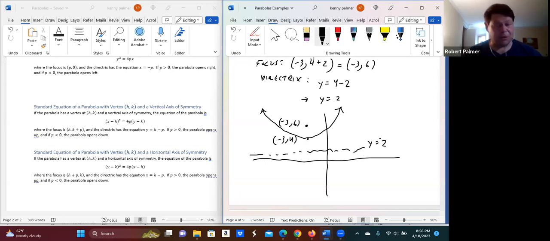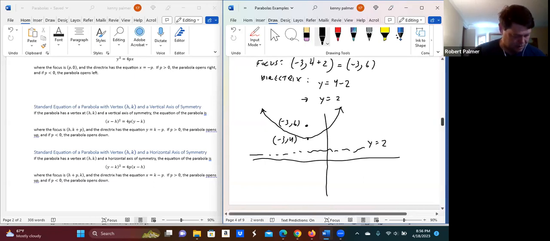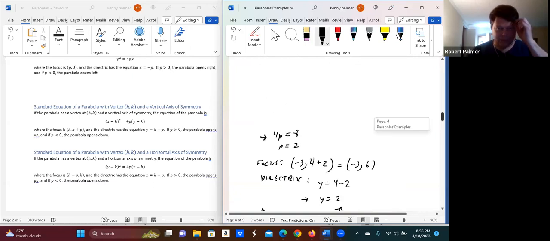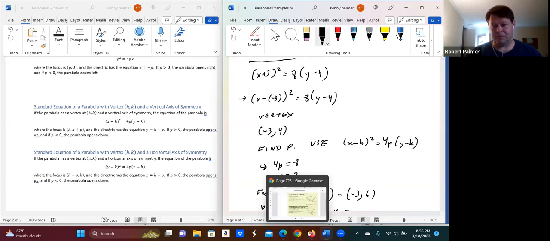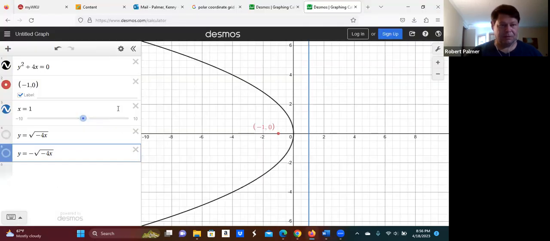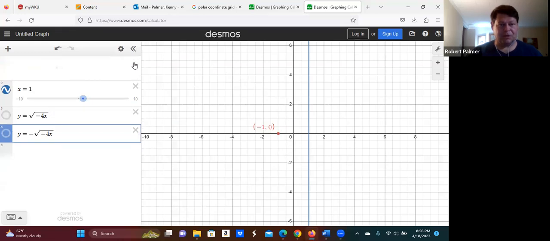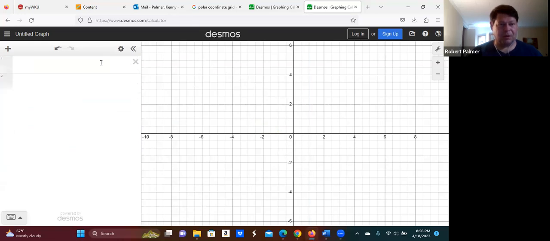Now, once again, we can graph that. So we're going to change this to 8. So let's graph that. Let's just get rid of all these and just start new. Okay.